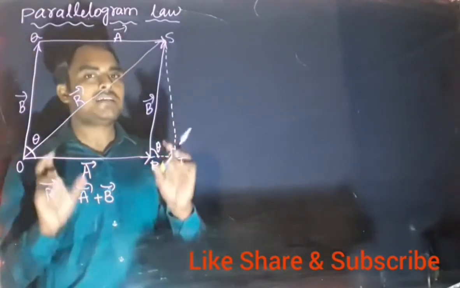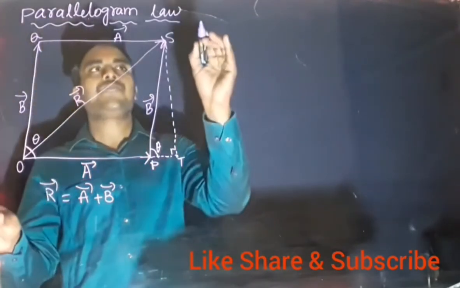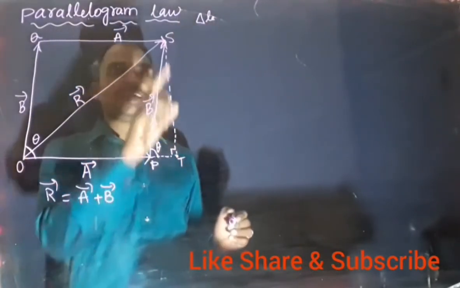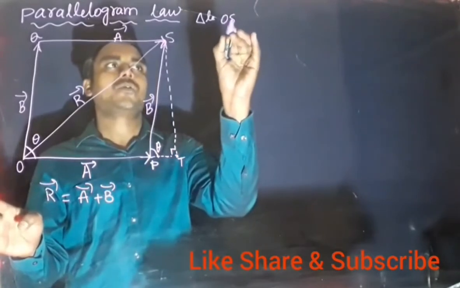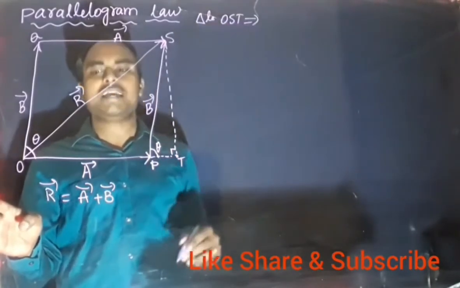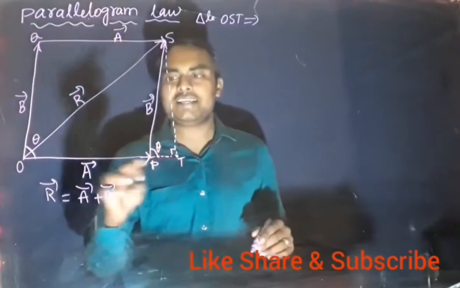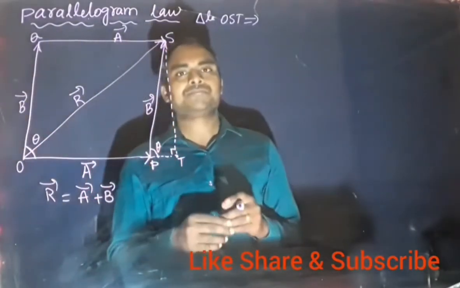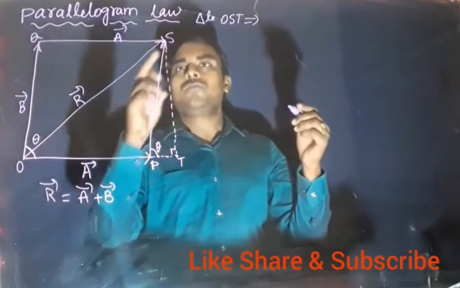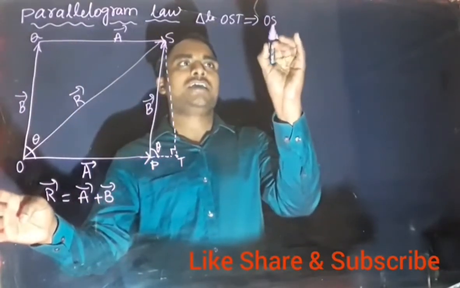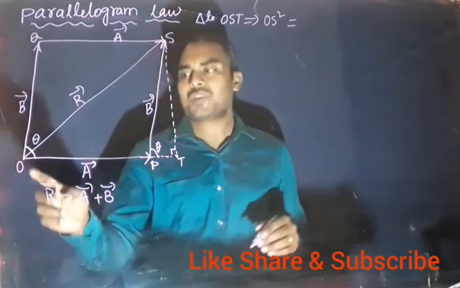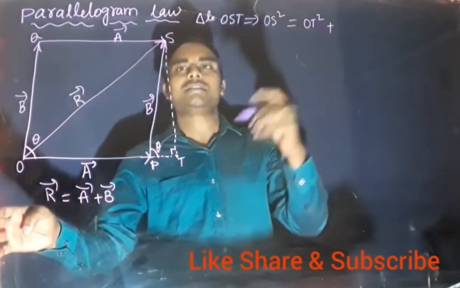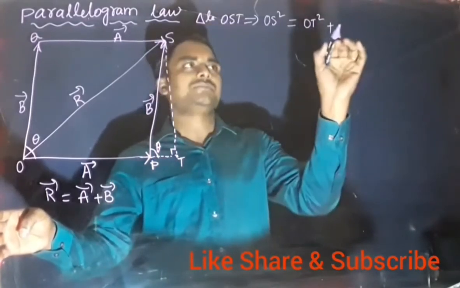And now let us take the triangle OST. In this triangle, let us apply the Pythagoras theorem. So OS square is equal to OT square plus ST square.